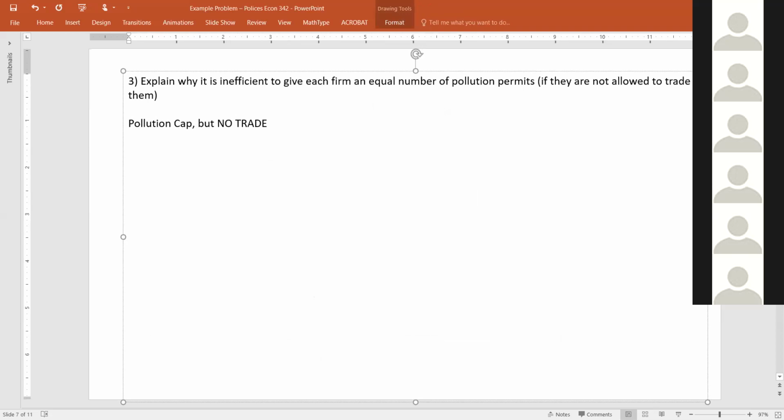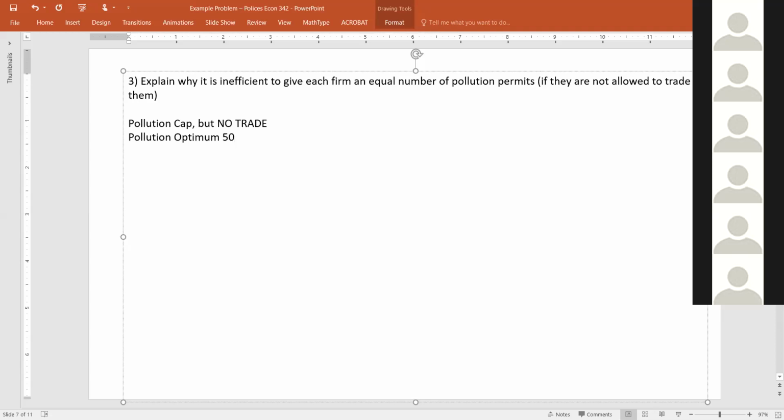So even if we could cap pollution at the optimal level, who remembers what that optimal level is? Is that the 110? 110 is the optimal level of abatement. The optimal level of pollution is 50, but they're just inverses of one another. So it's 110 plus 50 equals 160. That was what they were polluting previously.